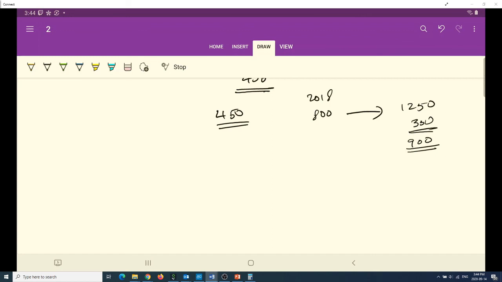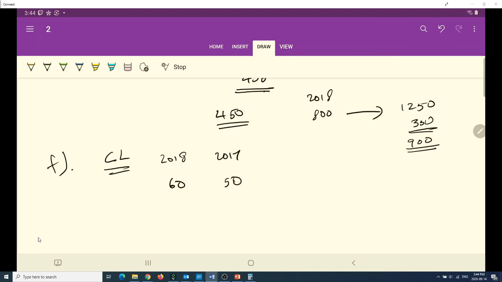And now part F: if Southeast reduced its accounts payable by 35 million during 2018, what must have happened to its other current liabilities? Okay, so your current liabilities are 60 and 50 over here.